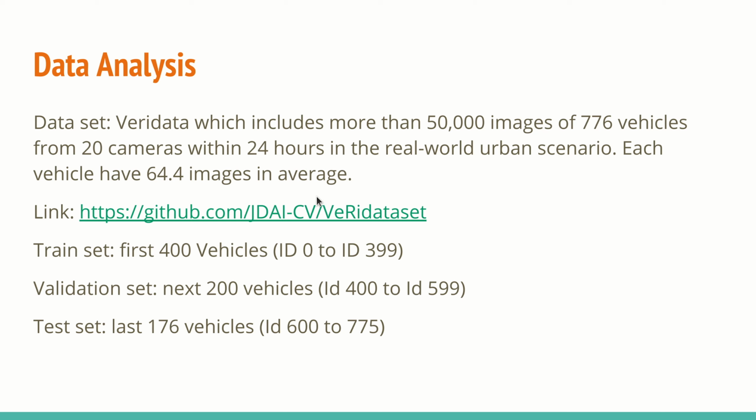Here we have the link to this public dataset. However, I need to email the author to ask for the link to download it. And I use the first 400 vehicles for the training set, the next 200 vehicles for the validation set, and the last 176 vehicles as the test set.